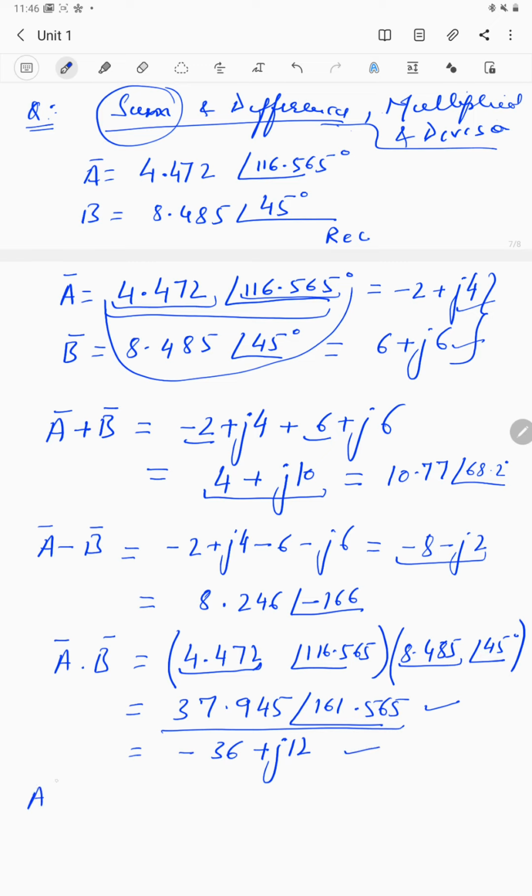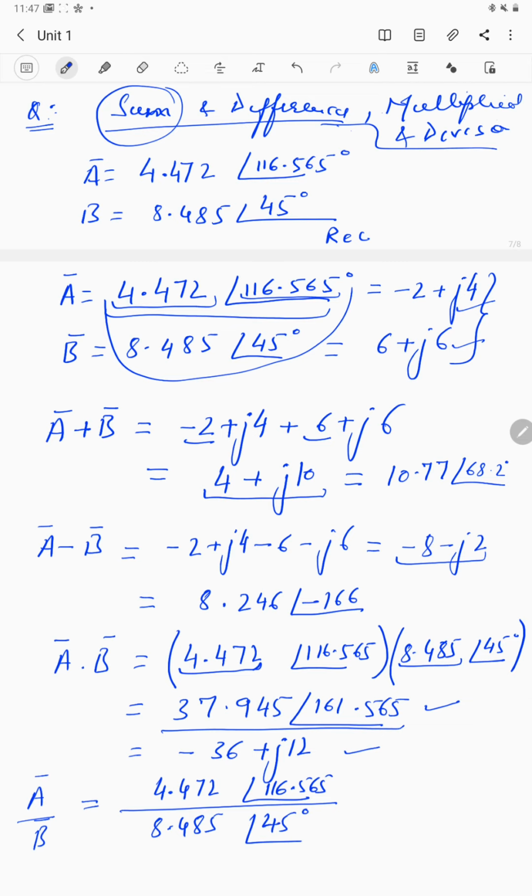Now let us divide the phasors, A divided by B, in the same way. 4.472 angle 116.565 divided by 8.485 and 45 degree angle.